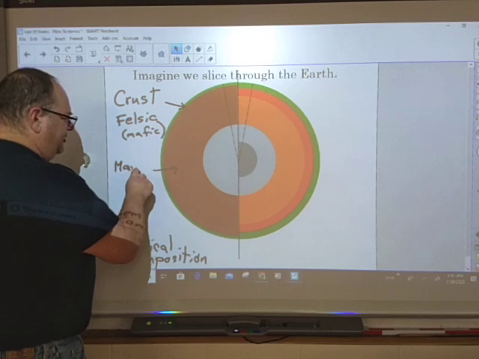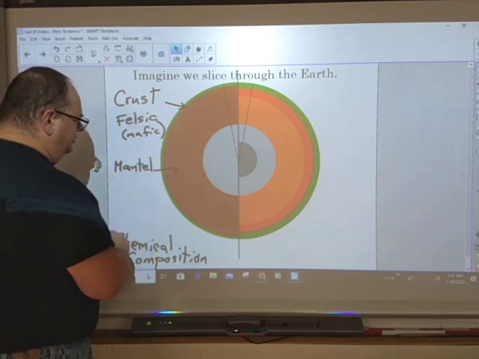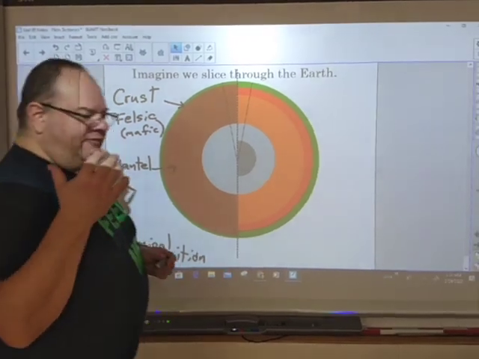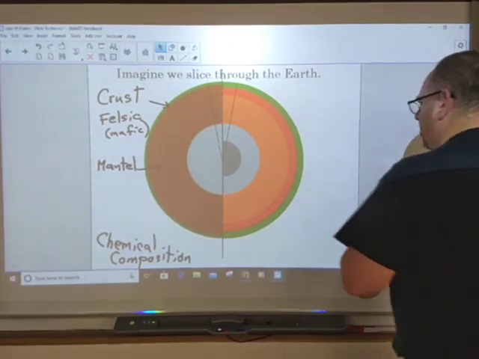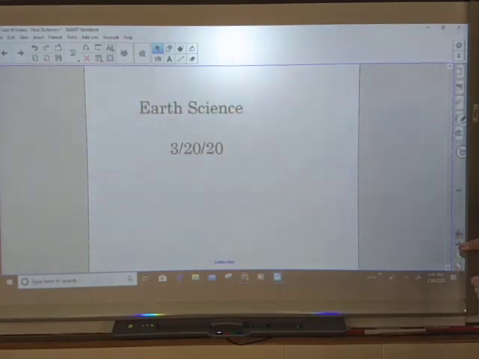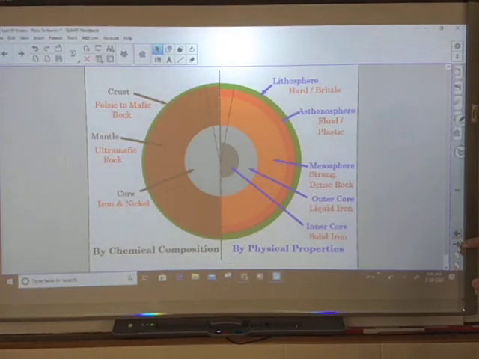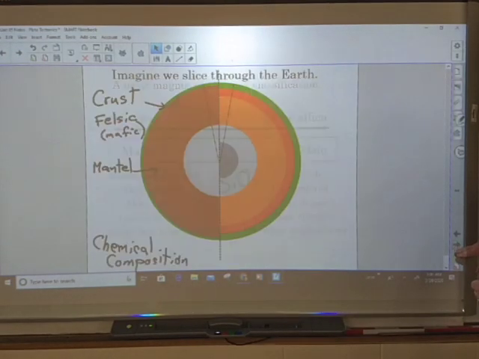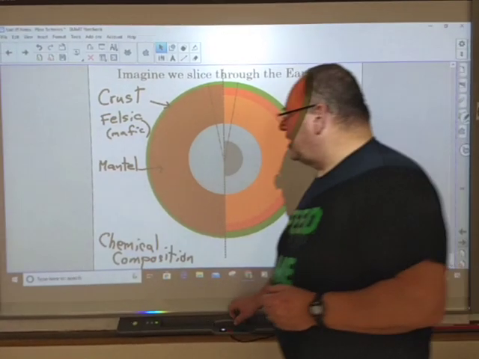This is called the mantle. And now I'm having one of these senior moments where I'm looking at the spelling of that, thinking, is that right? So I want to check something here. No, I didn't spell it right. My apologies.